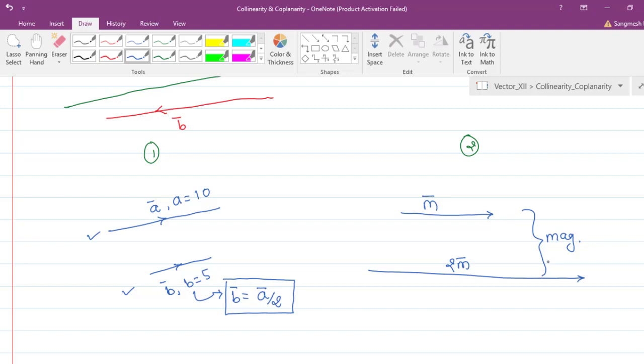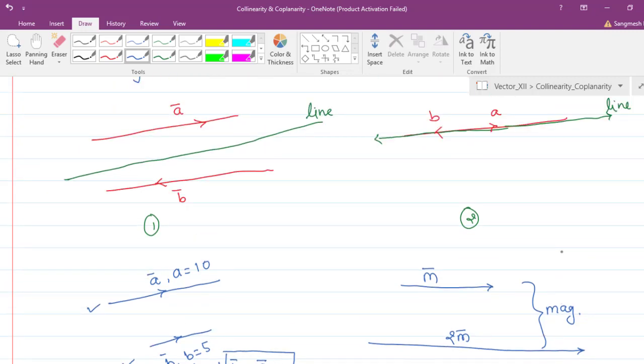Now collinear means, in coordinate geometry we see that collinear means they have to lie on the same line. But as far as vectors are concerned, collinear means you can have two cases. First case is they are parallel to a single line, or they are lying on the same line.